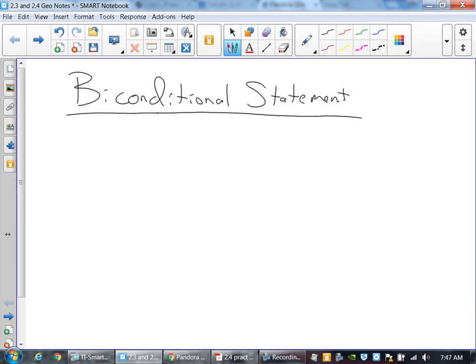Biconditional means it's correct in both the regular form and its converse. So let's see a real good, easy example.